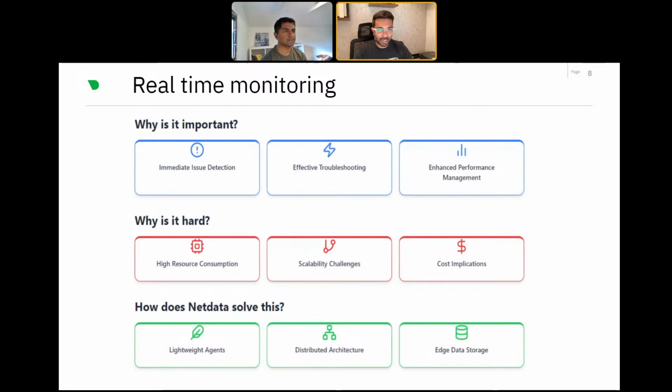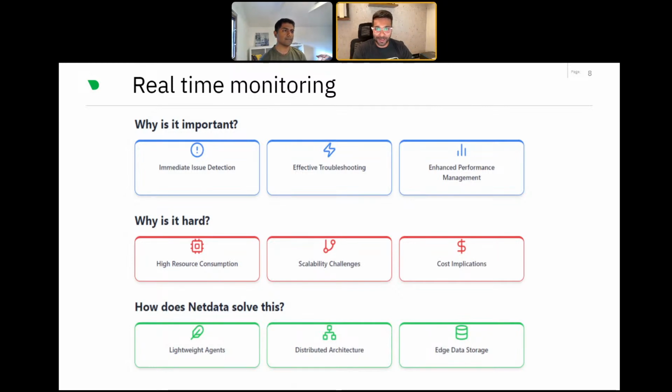Effective troubleshooting, right? I think I just brought this up. When in the middle of the night you're woken up at 3 a.m. for either resolving or identifying the root cause of an issue, you need to have all the data at hand. If you didn't have all the charts, or if you didn't have the metrics for every given second, the time to root cause could be hours, and in some cases days.